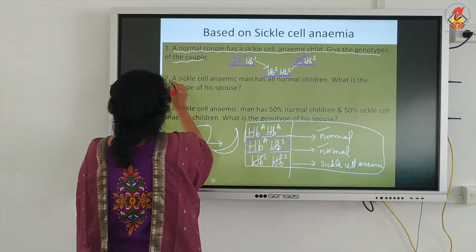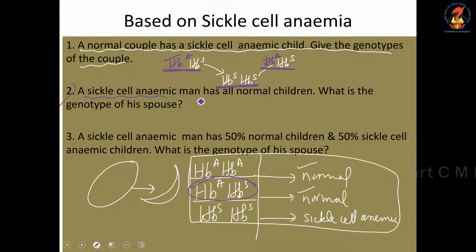Next question. Second, a sickle cell anemic man has normal children. What is the genotype of his spouse? So here we are going with a sickle cell anemic man. Definitely this is one parent. Confirmed. He is sickle cell anemic. HbS is the man.